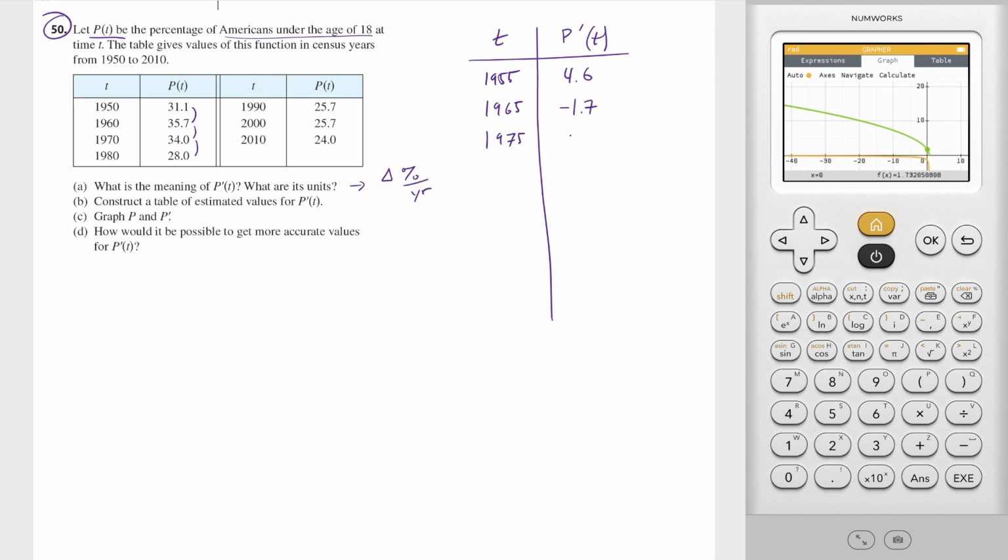So Americans are getting older in the 1970s. We're going down by negative 6%. All right, and then 1985, we've gone from 28 to 25.7. So that would be negative 2.3.